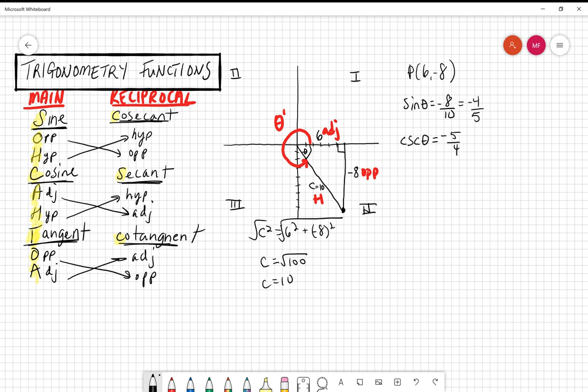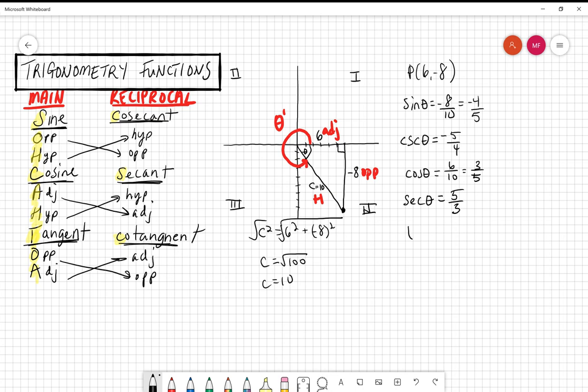All right. If I want cosine now of the angle, so again, I'm looking from this angle, adjacent over hypotenuse would be 6 over 10, or 3 over 5, which means now, again, I can have its reciprocal. That'll be 5 over 3.